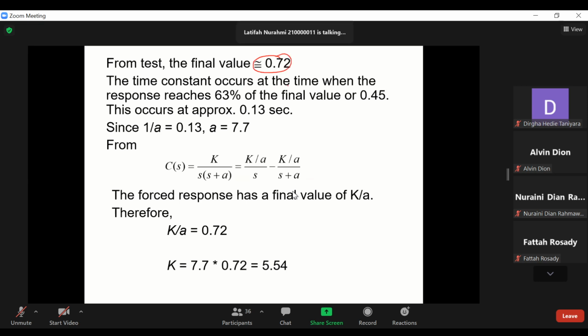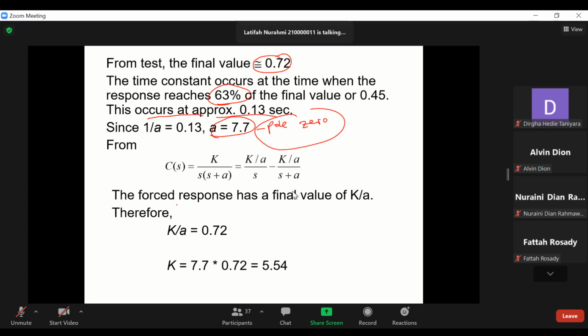Time constant occurs at the time when the response reaches 63% of the final value, which occurs at approximately 0.6. And 1 by a is this, so a is our pole. Remind yourself again what is pole and what is zero, right? And here we have a equal to 7.7.